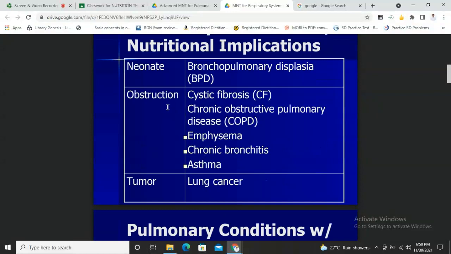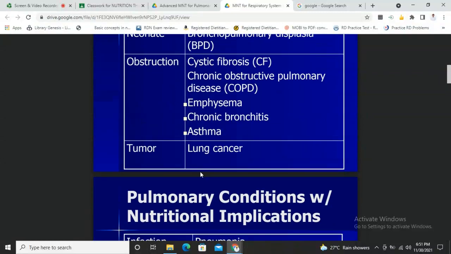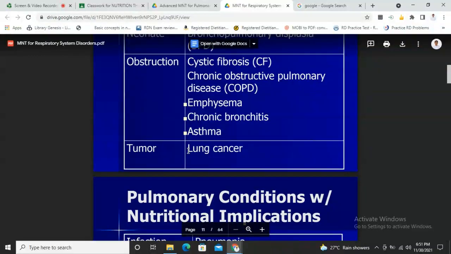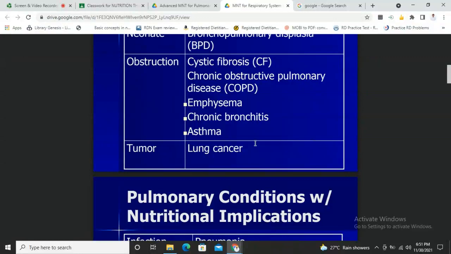Then for the obstruction, meaning some kind of hindrance or obstruction to the breathing function, we have cystic fibrosis, COPD, emphysema, chronic bronchitis, and asthma. Tumor, lung cancer.